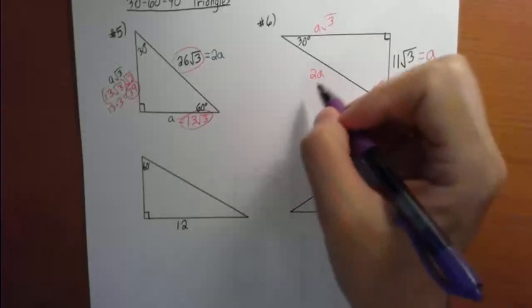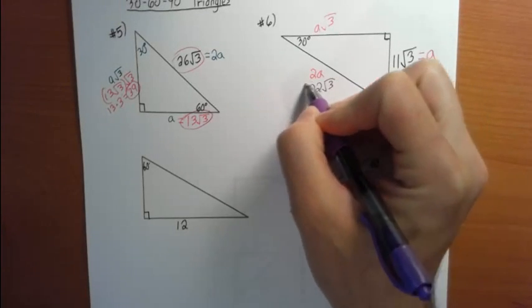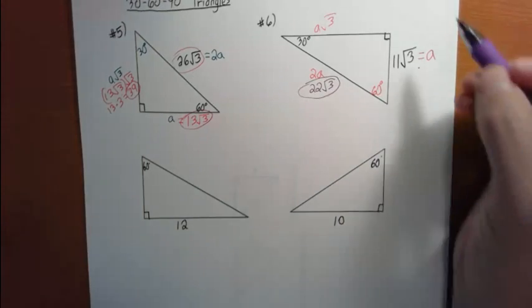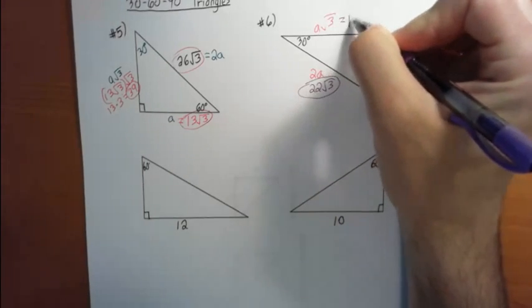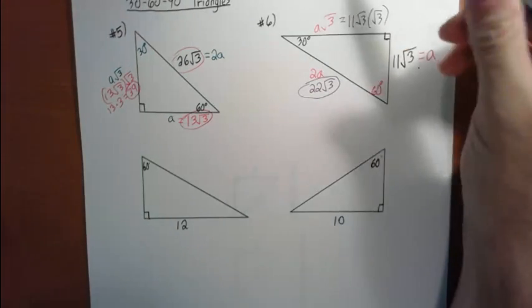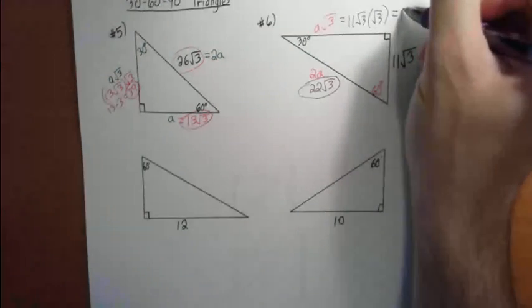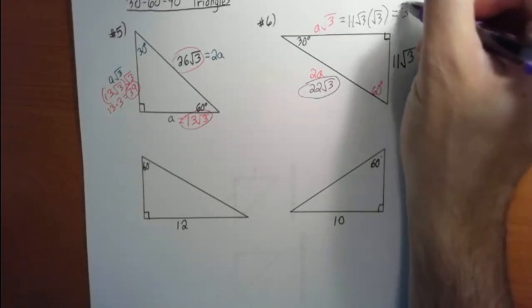We can double that to get 22 root 3, double the amount of root 3s. And then we're just doing 11 root 3 times one more root 3, which is actually going to end up being 11 times 3 and getting us an answer of 33.